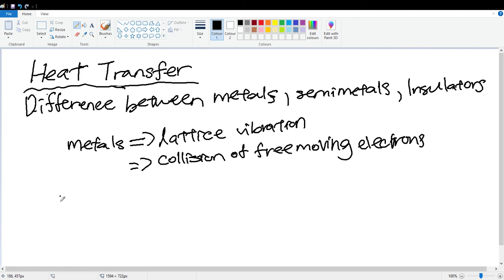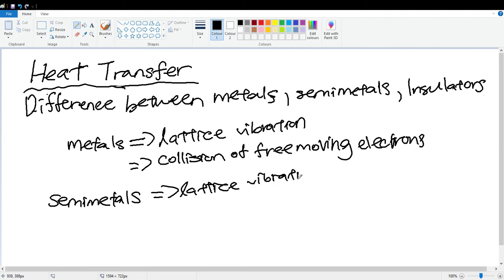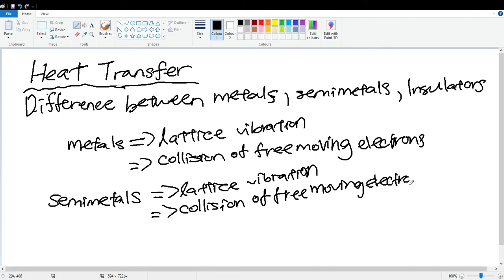Semi-metals also have lattice vibration, and for the collision of free moving electrons, the temperature required is much higher than normal temperature.